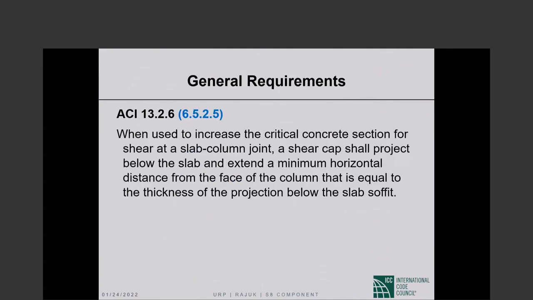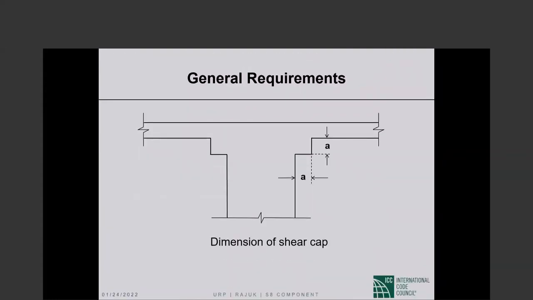When used to increase the critical concrete section for shear at a slab column joint, okay, so if we are not trying to decrease the reinforcement or the bending moment, our purpose is only to increase shear capacity, then the projection is called a shear cap, not a drop panel anymore. And a shear cap also has dimensional limitations.